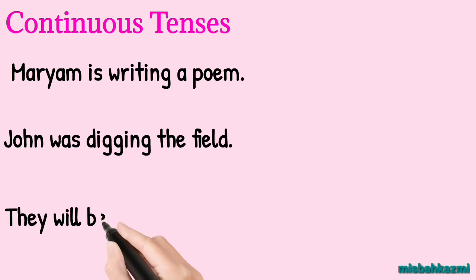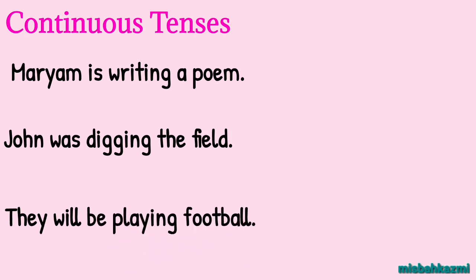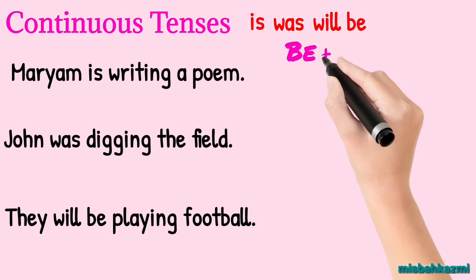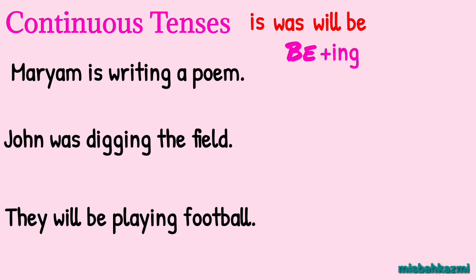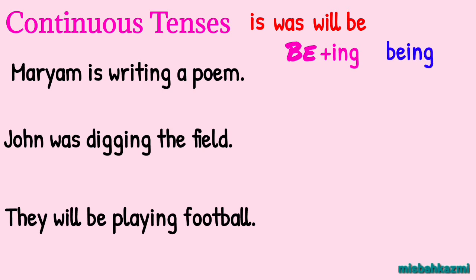Third one, they will be playing football. This is future continuous. So is, was, and will be are already present in the sentence. Now we will add be with ing, and thus it will become being. So let's check it out.